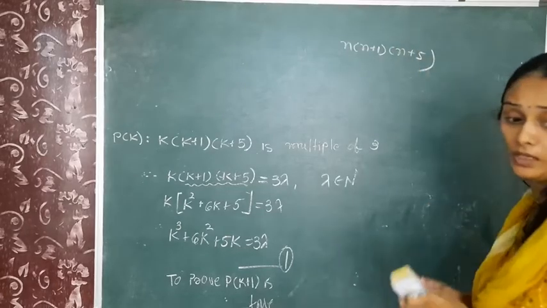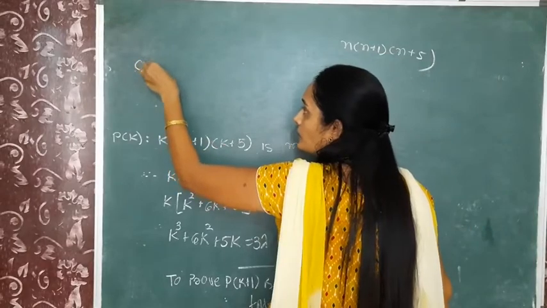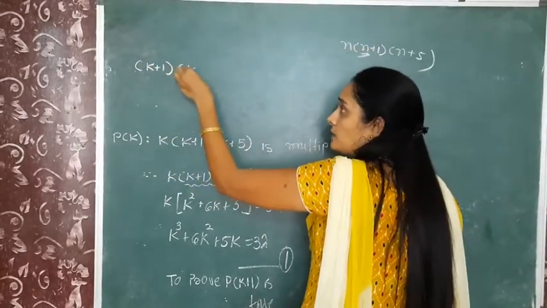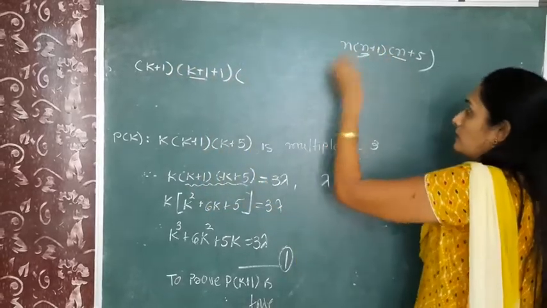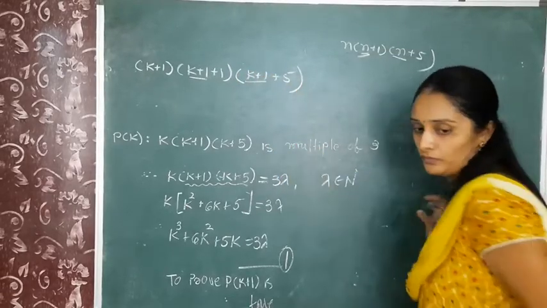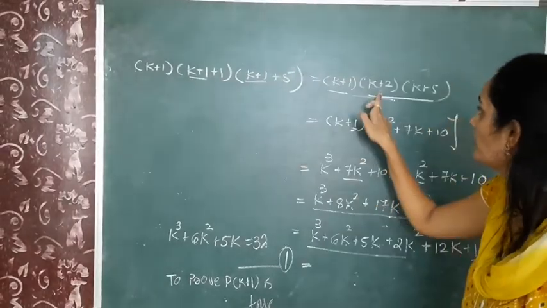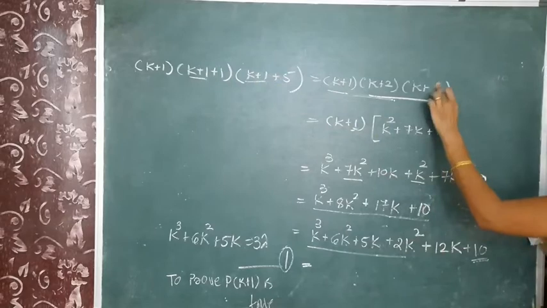So when n is replaced by k plus 1, we get k plus 1, then k plus 1 plus 1, and k plus 1 plus 5. So we have here k plus 2 and here k plus 6.